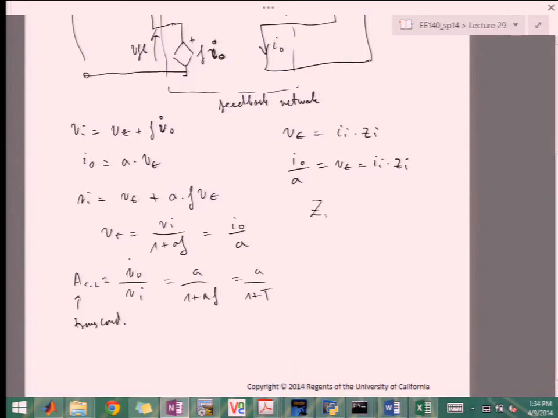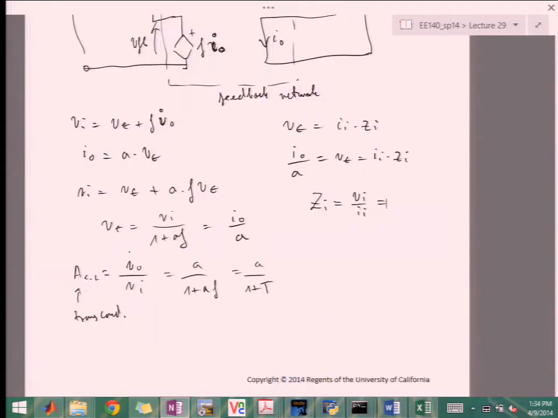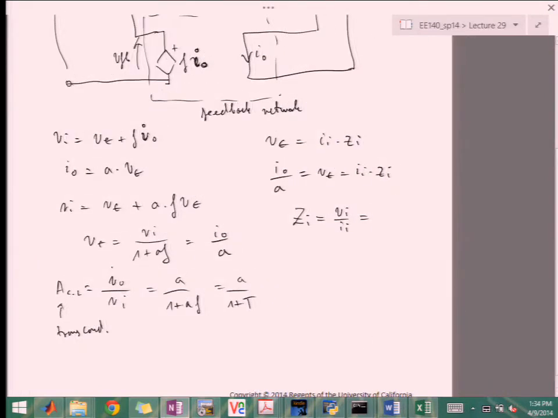Now, what we want to look at is that ZI is VI over II. Since VI is the sum of the two, VI is 1 plus AF times VE over II.